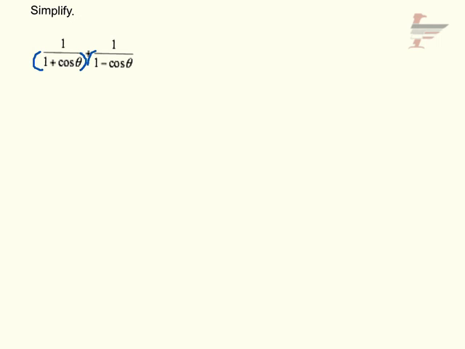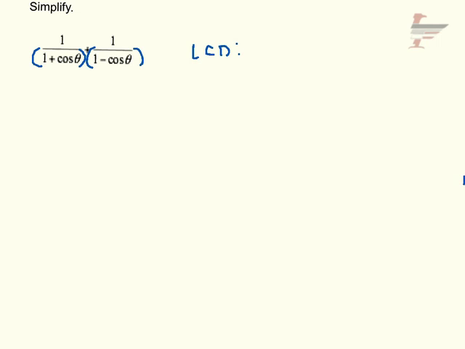So when you're finding that LCD, they have nothing in common, because the first one is plus and the second one is minus. So your LCD is going to be 1 plus cosine theta times 1 minus cosine theta. And I'm adding these, of course.